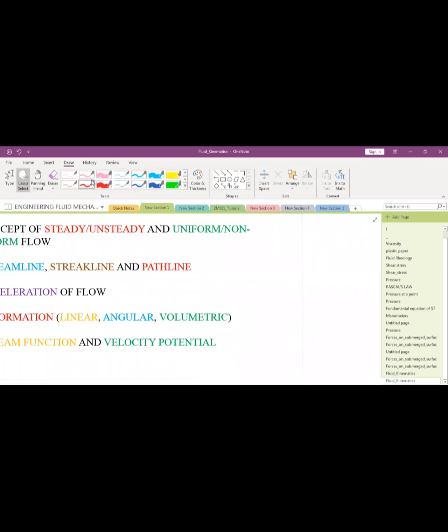So kinematics involves actually what you see, and in a fluid, whatever you see is that the fluid element is deforming. It can deform like this. It could deform like this. It could deform like this. So this is the fluid element, and this is what can happen to it.